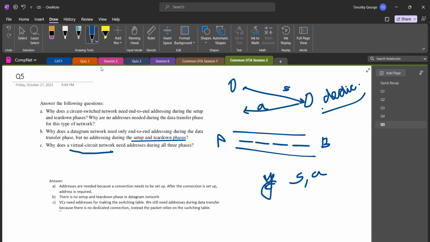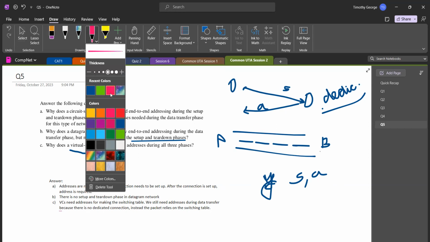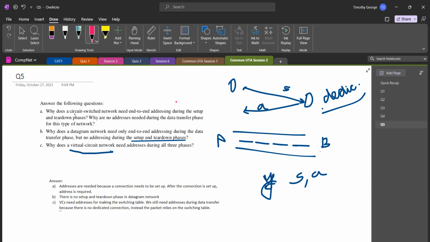So to recap, in circuit switching, you have the setup phase. You need the address during that, but once you have this dedicated channel, you don't need a destination, you can just travel in that channel. Datagram, there is no setup.